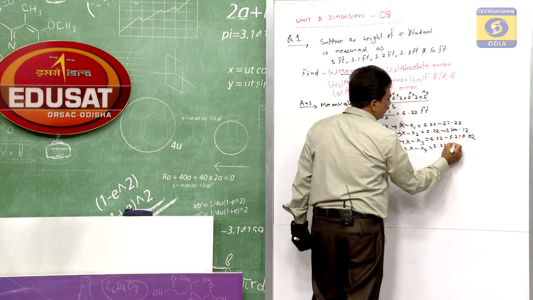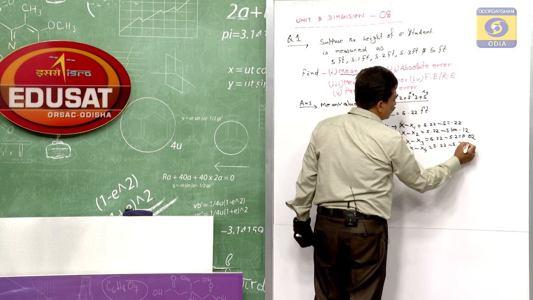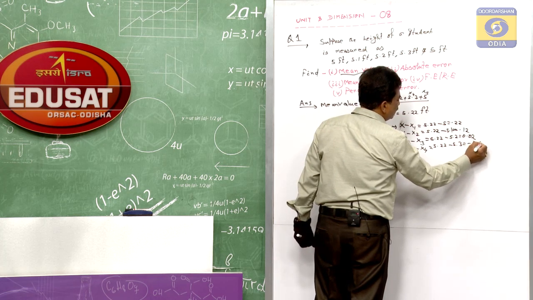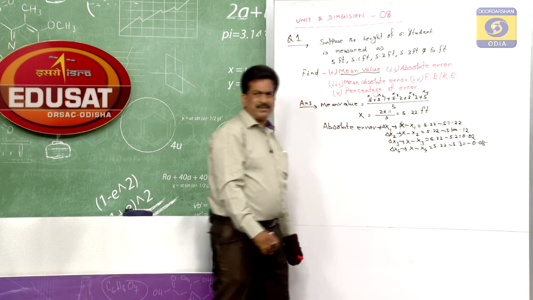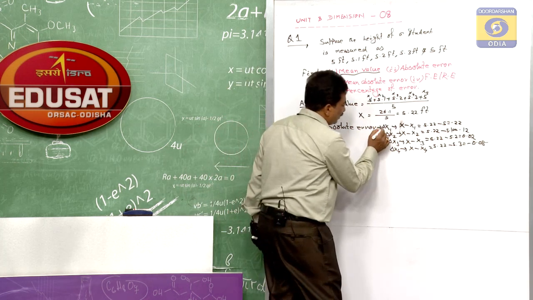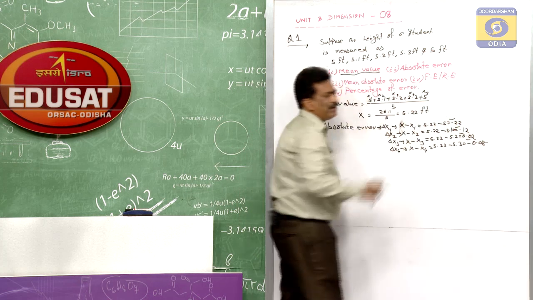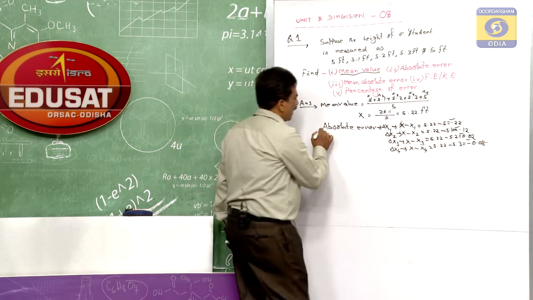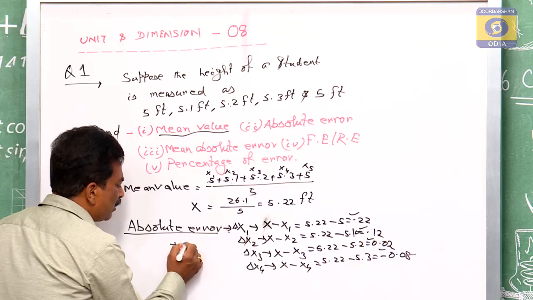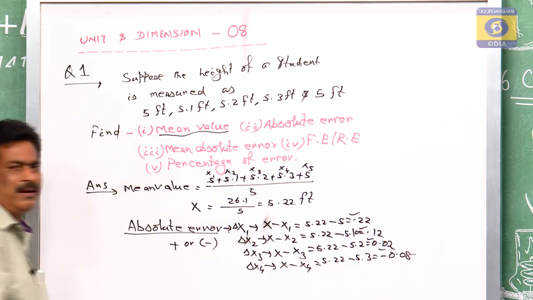That is 5.3. So this is equal to minus 0.08. You see here del x1 is positive, here positive, here positive, here it is negative. It means the absolute error may be positive or negative.